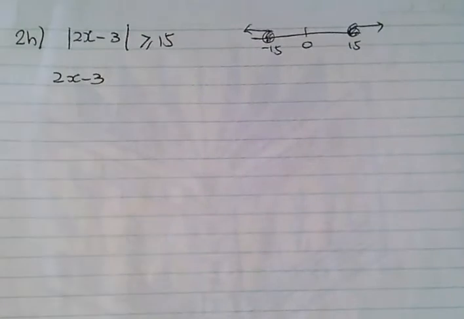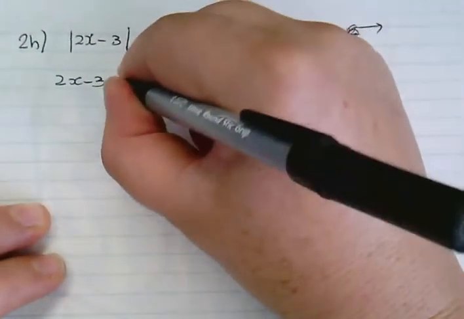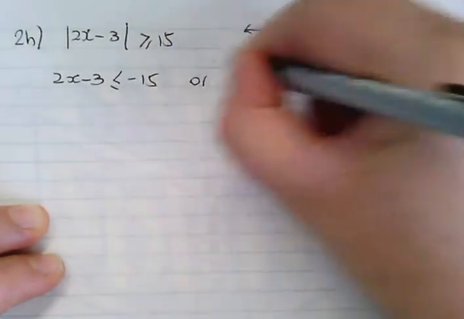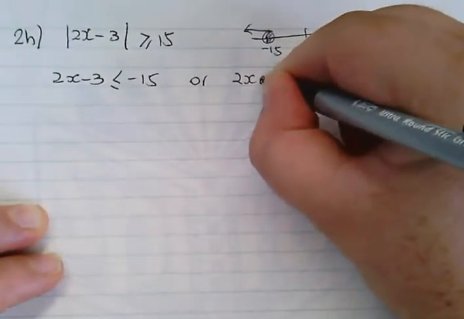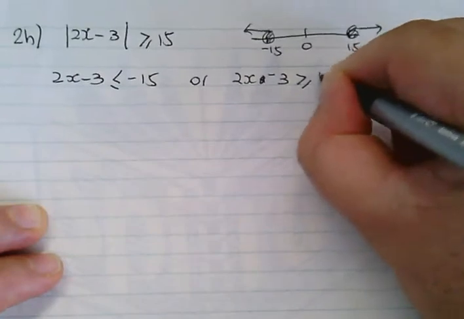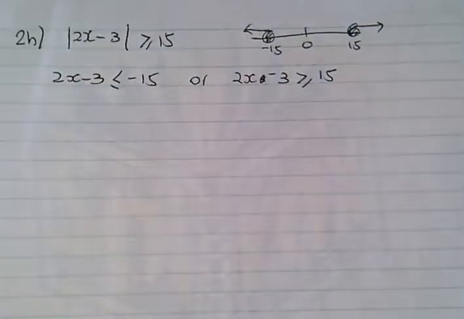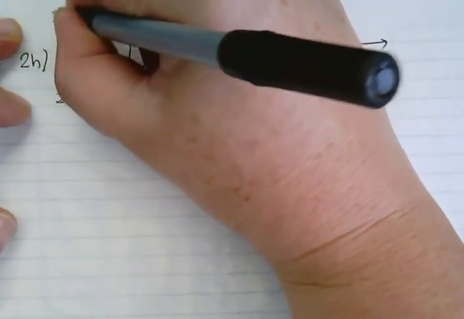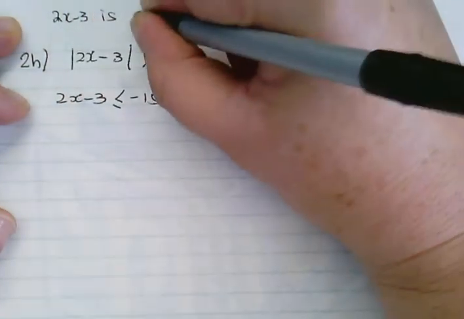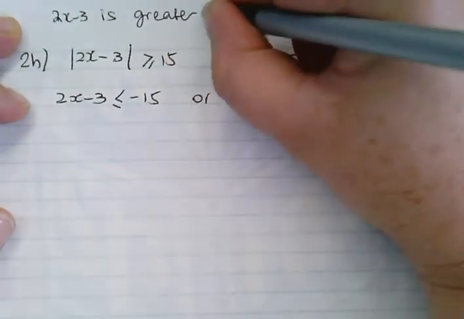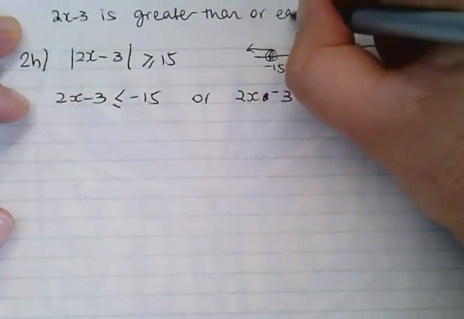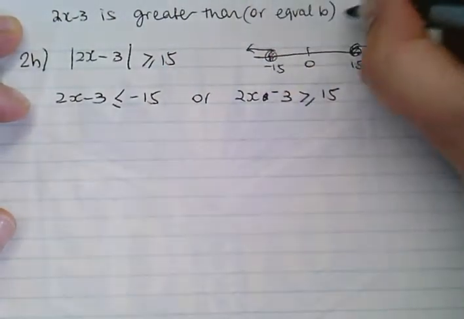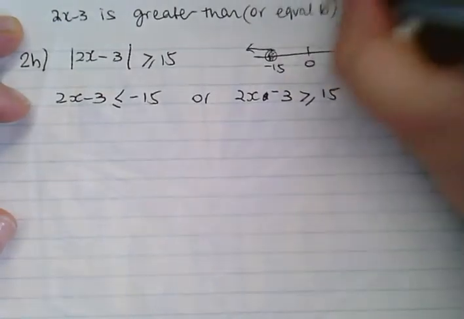What do I write there? 2x minus 3 is less than or equal to negative 15, or 2x minus 3 is greater than or equal to 15. So just writing above here, 2x minus 3 is greater than or equal to 15 units from the origin.